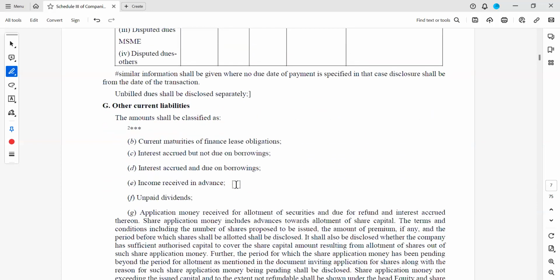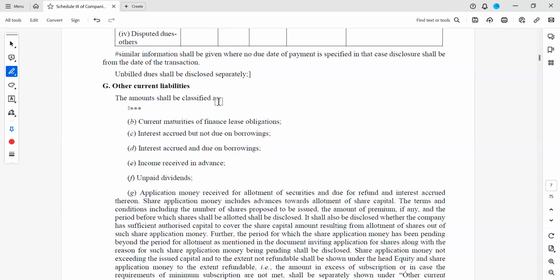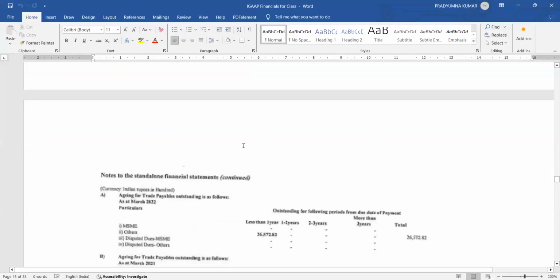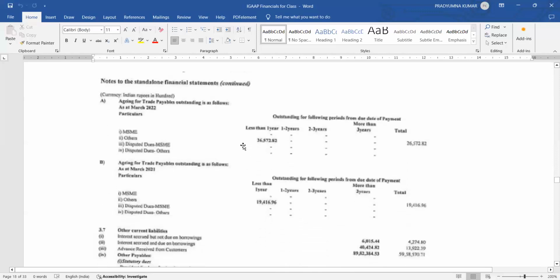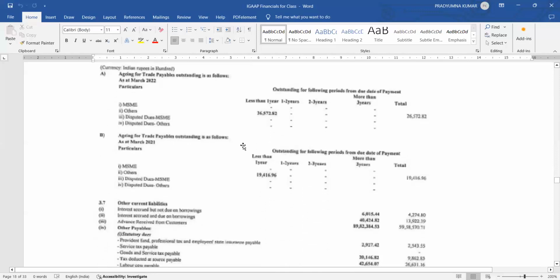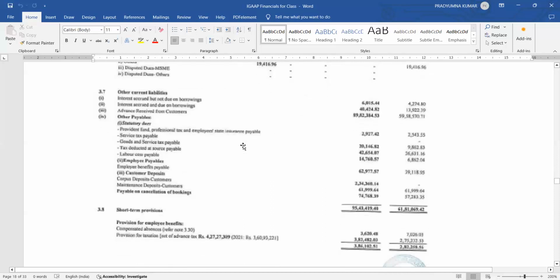Next, coming to other liabilities: current maturity of finance lease obligations, interest accrued but not due. Let us see in our example. Other current liabilities: interest accrued but not due on borrowings, interest accrued and due on borrowings.